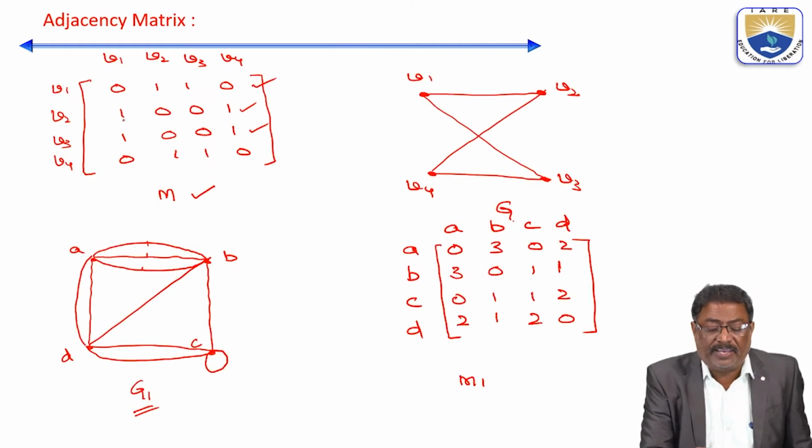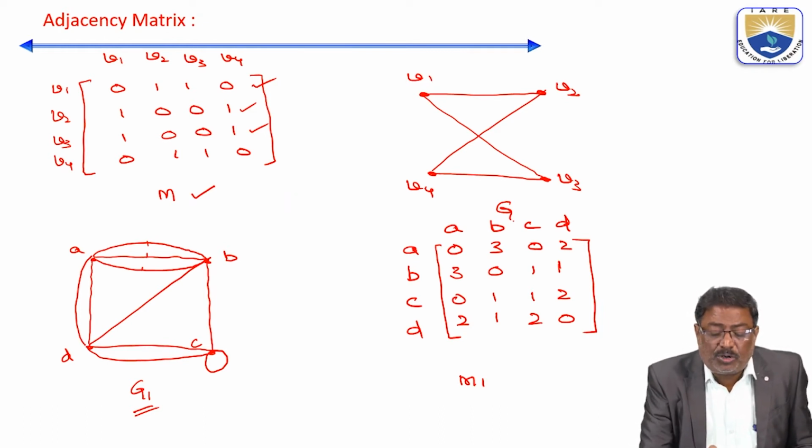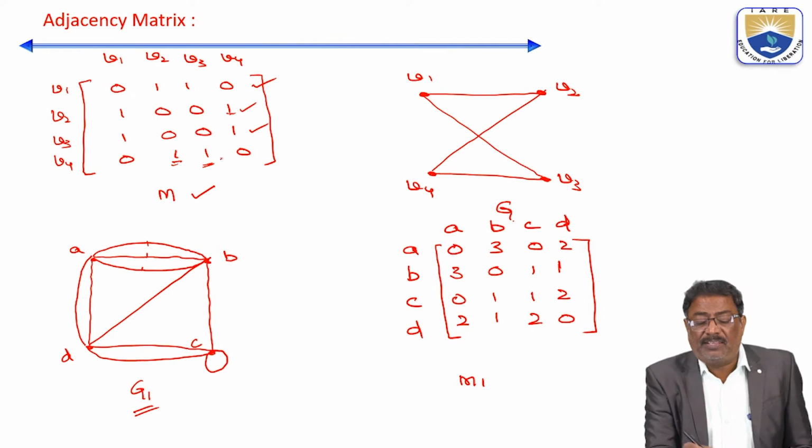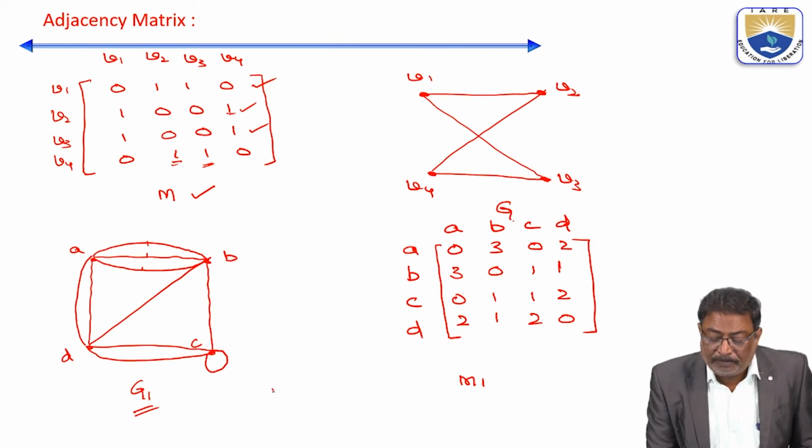Suppose I consider this one, it is not symmetric, because the first row and first column are the same, and if I take the transpose of this matrix, I get 1 0 0 transpose. Observe this M transpose.